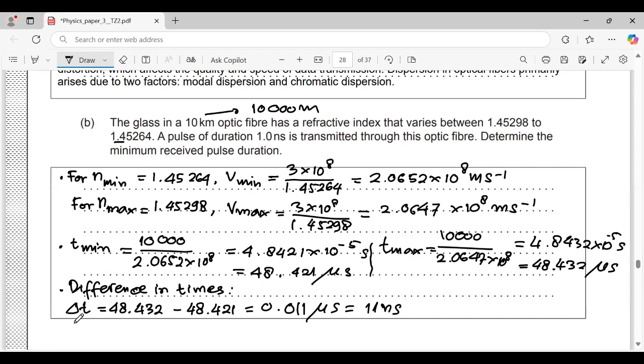And then delta T received is equal to 11 nanoseconds plus 1 nanosecond, according to this information, and it equals 12 nanoseconds.